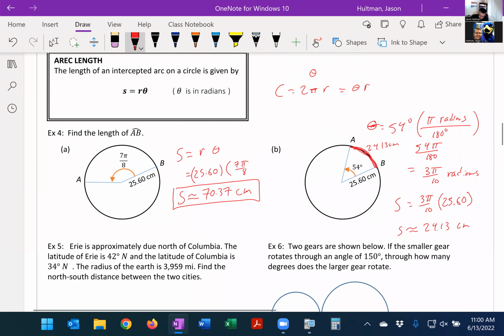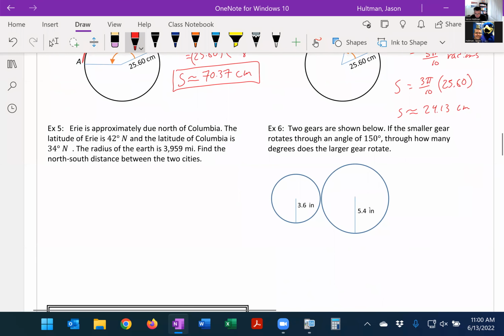And the same with example A, which ended up being about 70.37 centimeters. That's the arc length, the distance I would have to travel around that circle to get from point A to point B, or vice versa.